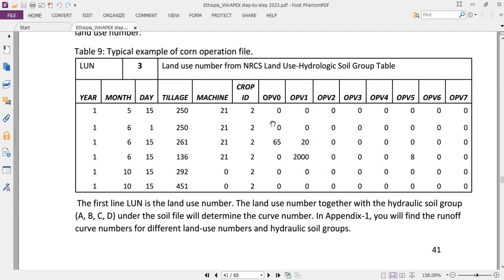If I give it from planting to the first harvest, from June to September, the growing period may be shorter in the rainy season, but with irrigation it may take a longer period up to maturity. So I calculate for the different periods and give the average potential heat unit for the first one.